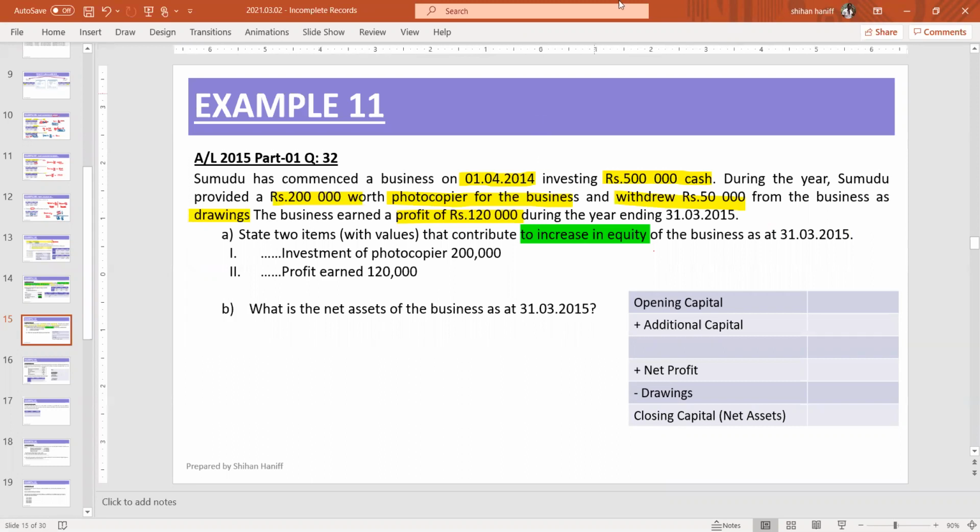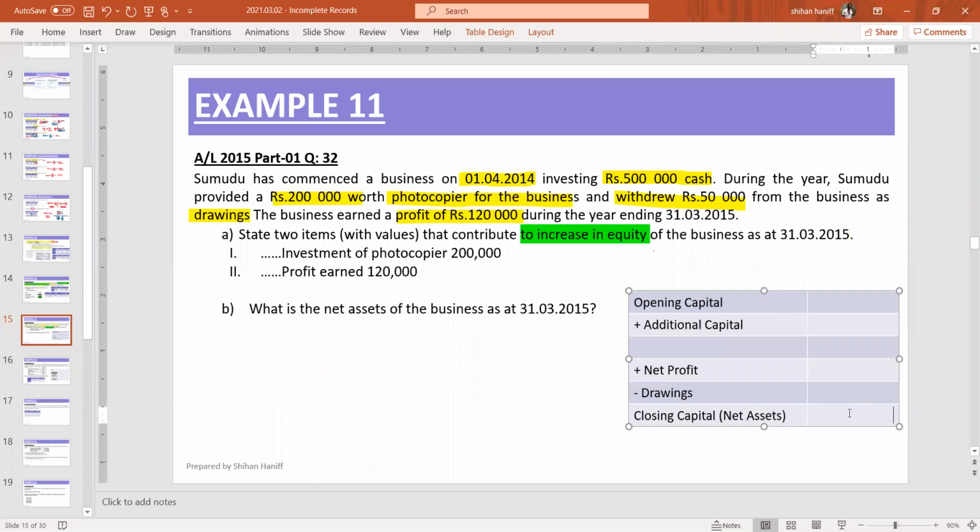Then the second question, what is the net asset of the business as at 31st March 2015? Net asset means the capital, closing capital balance.